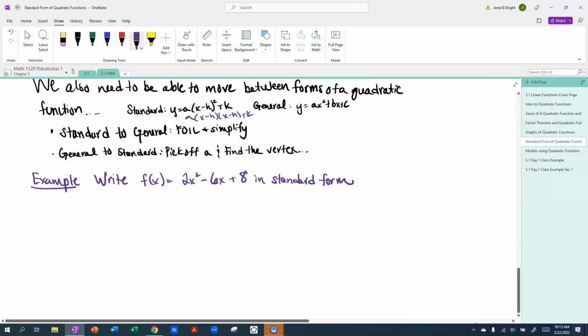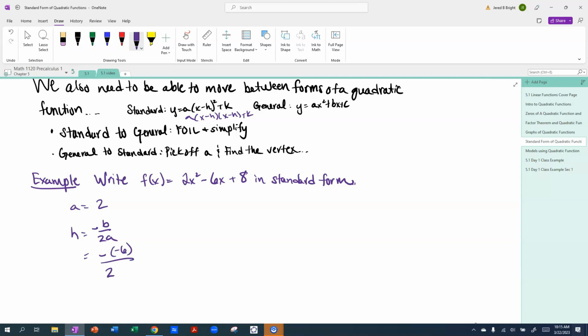If we want to write it in standard form, in this case, a is 2, and then h is the x coordinate of the vertex, which is negative b over 2a. In this case, it would be negative of a negative 6 all over 2 times 2. So positive 6 over 4 gives me 3 over 2.